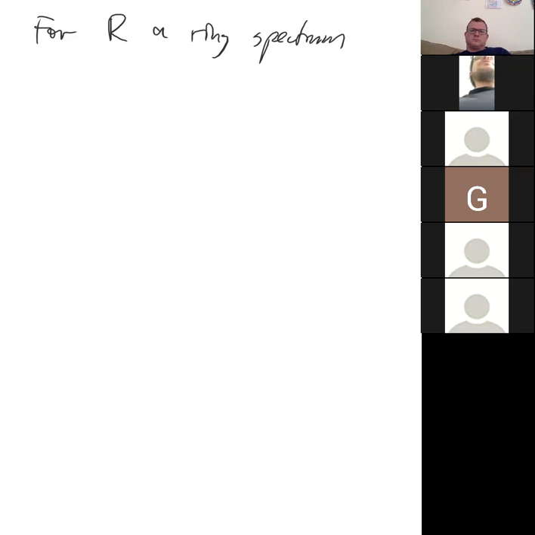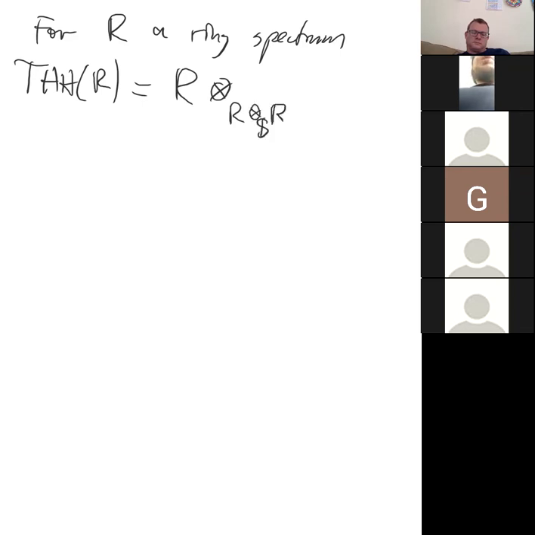So instead of Fp, you could consider HFp. Then THH of that ring spectrum is again defined by a similar formula, but here you want to tensor over the sphere spectrum. So as an underlying spectrum, this is the smash product of R with itself, and then this has an algebra structure over which you compute a bar construction again.